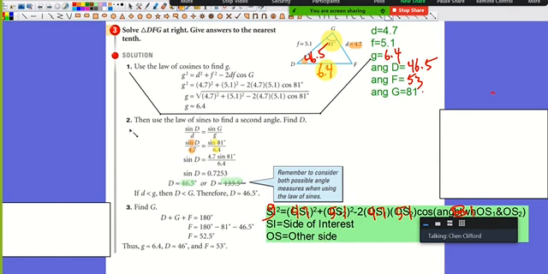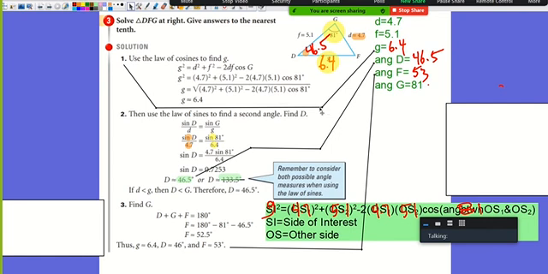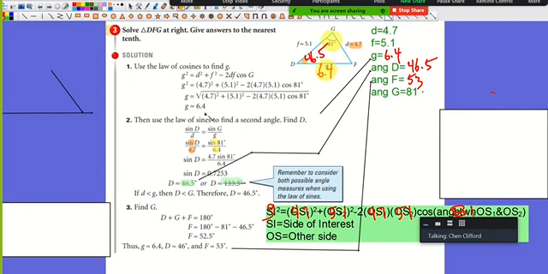Part 2 is how you get the angle D. And part 3 is how you get the 53 right there. So I should really do this.